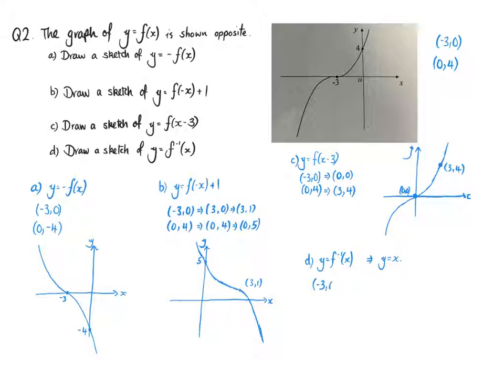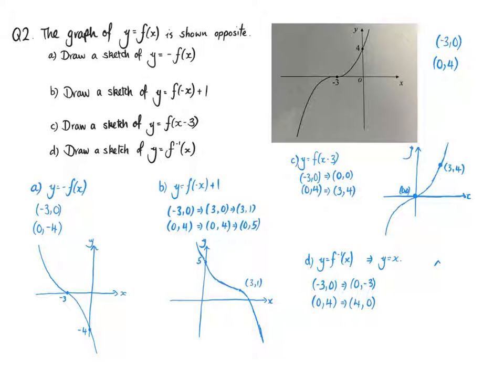So you've got minus 3, 0, and you've got 0, 4, and those become 0, minus 3, and 4, 0. So it's like the difference between a log and an exponential. You have 0, 1, and then you have 1, 0.